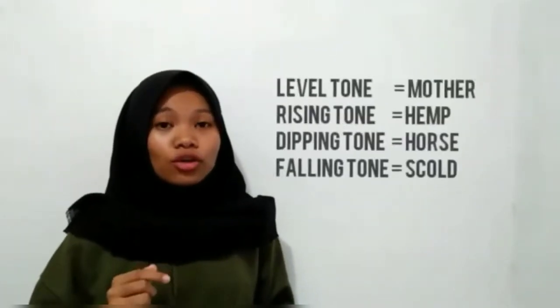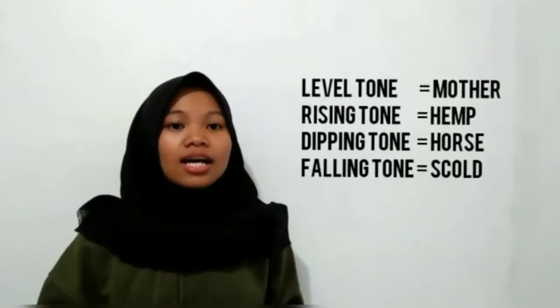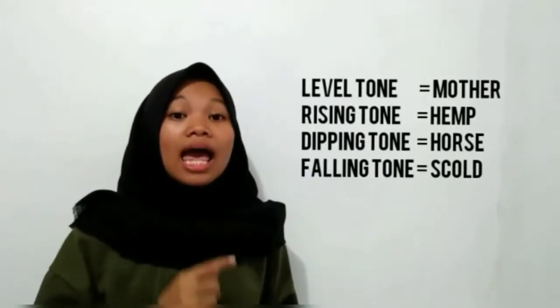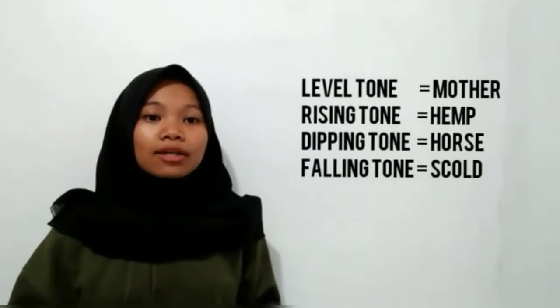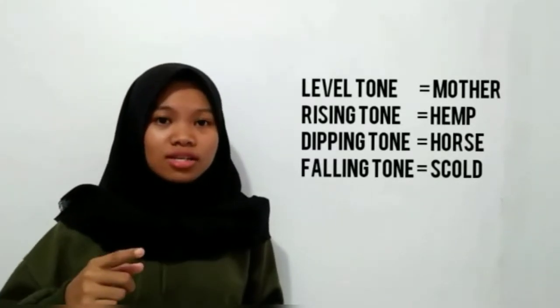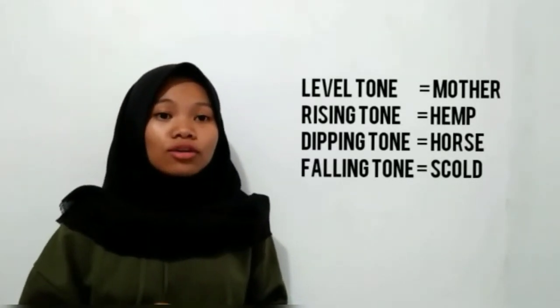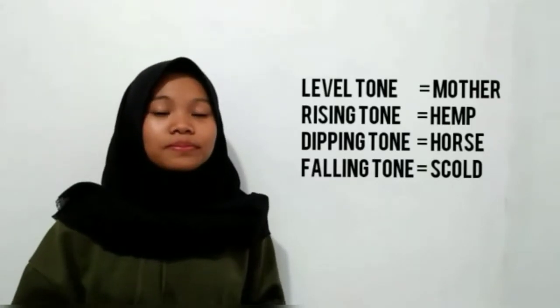In North Mandarin Chinese, for example, there are numerous words which are distinguished by differences in the rise and fall of tone. In the following minimal set: level tone for mother, rising tone for hemp, dipping tone for horse, and falling tone for scold.